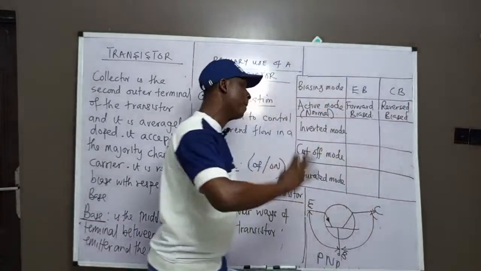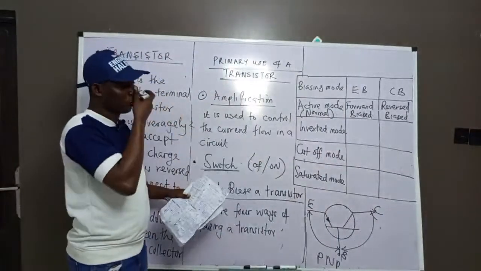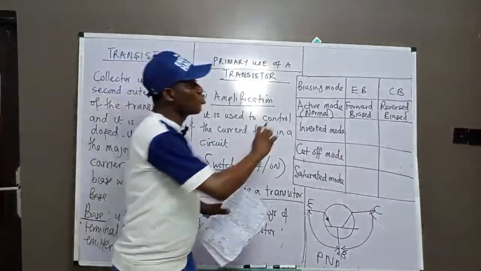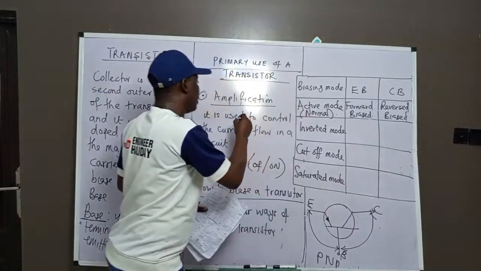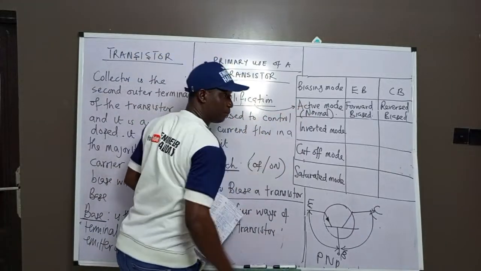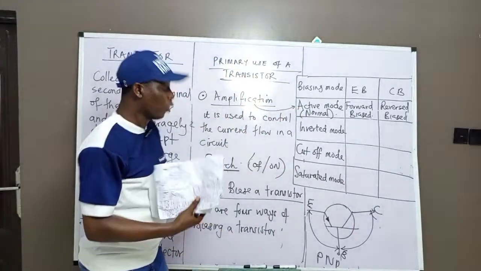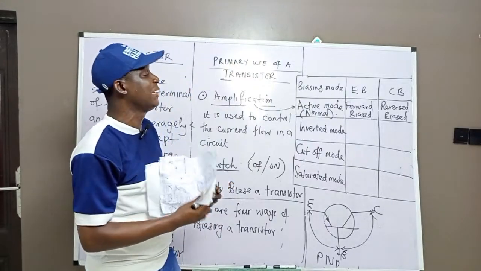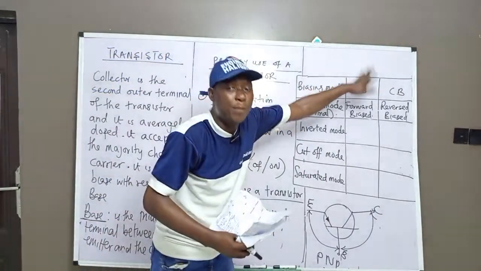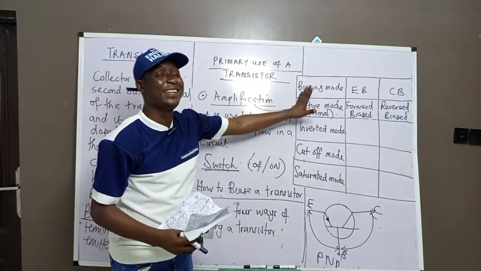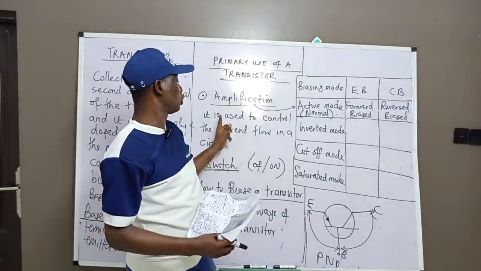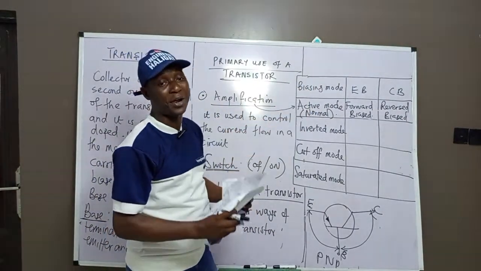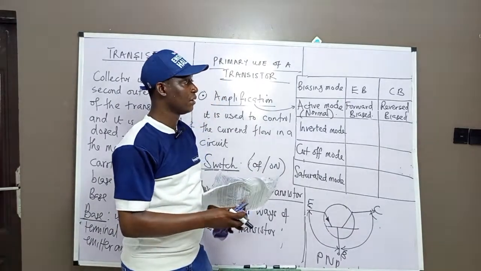That means in the normal mode of a transistor, normally, this is what we use for amplification. Please take note of that too. So the transistor is used as an amplifier in the normal mode, because in the normal mode it will be used to control the current flow in a circuit.